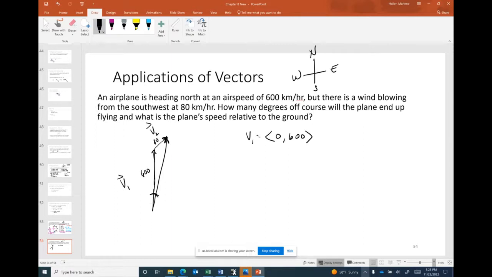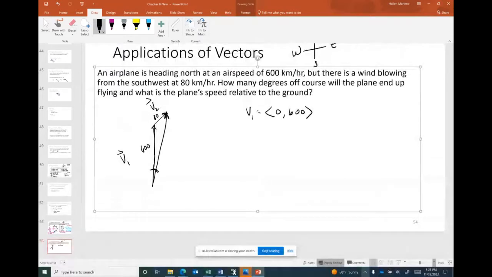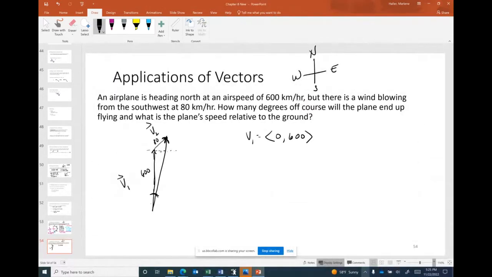All right. Now, vector 2 would be a little bit different. I've got to figure out what that angle is, right? If I draw a horizontal here, I need to find that angle there, and that will enable me to find the components here.